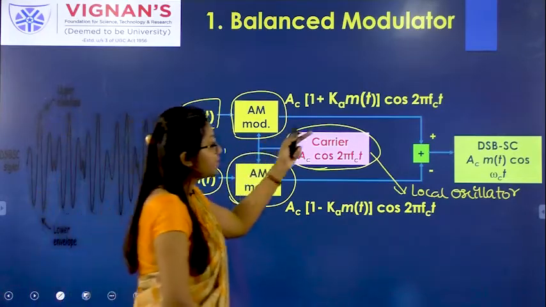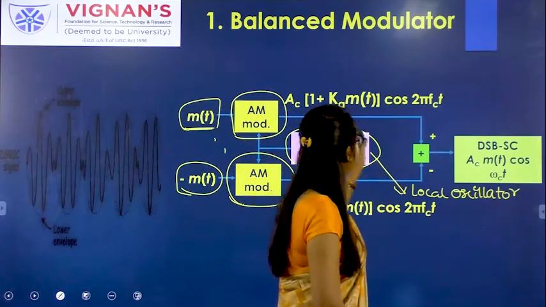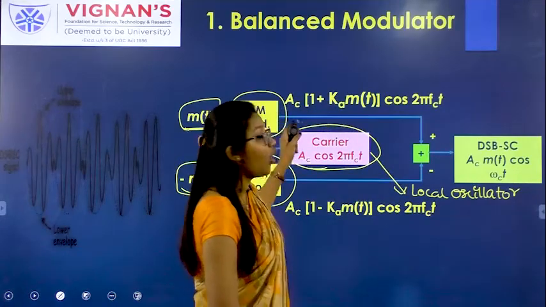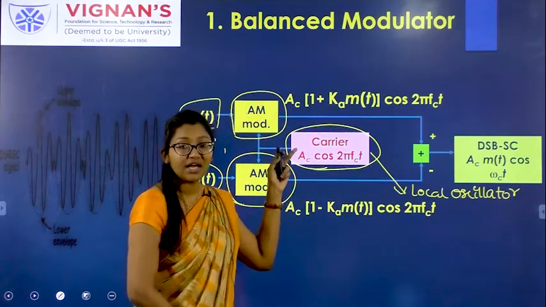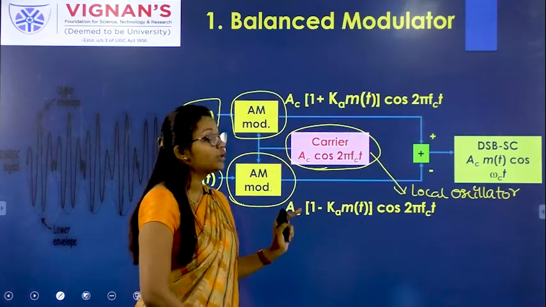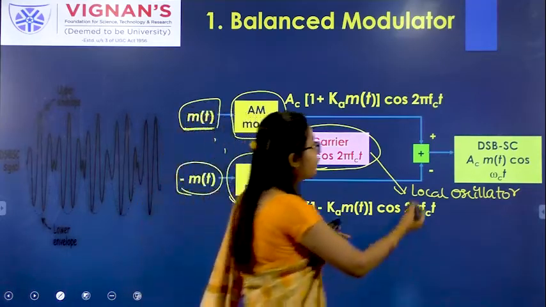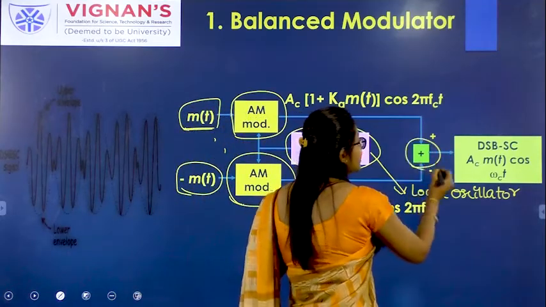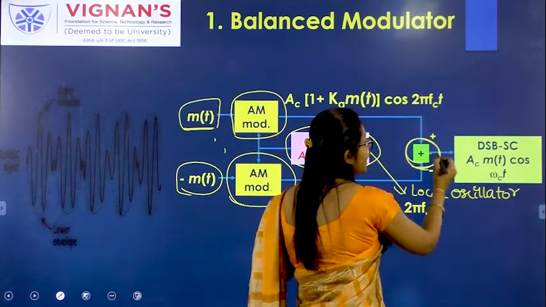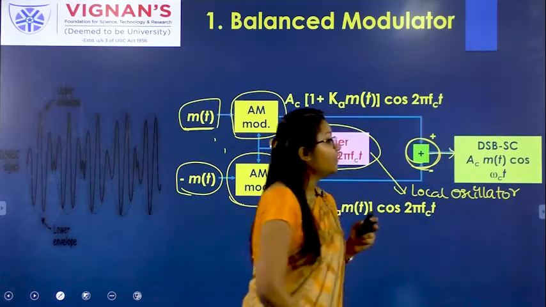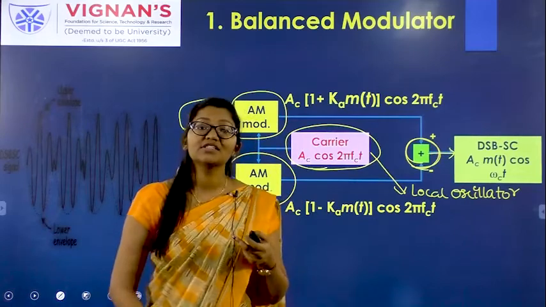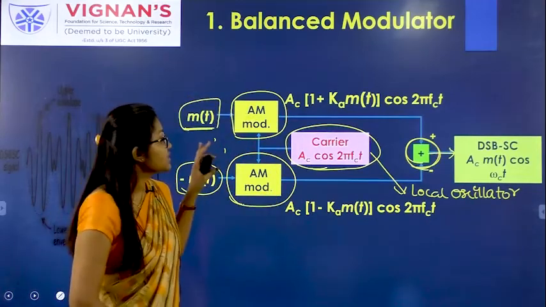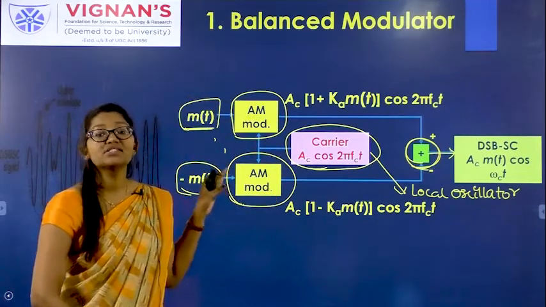After that, both outputs combine. Whatever output comes from the first AM modulator and the output from the second modulator, we are adding here. Finally we are summing up, and finally you will get the DSB-SC generation. So this is the block diagram of the balanced modulator.